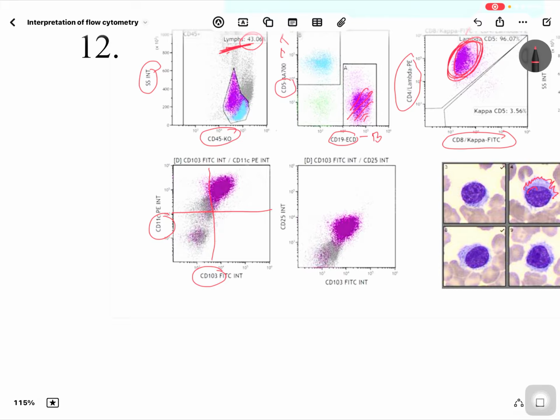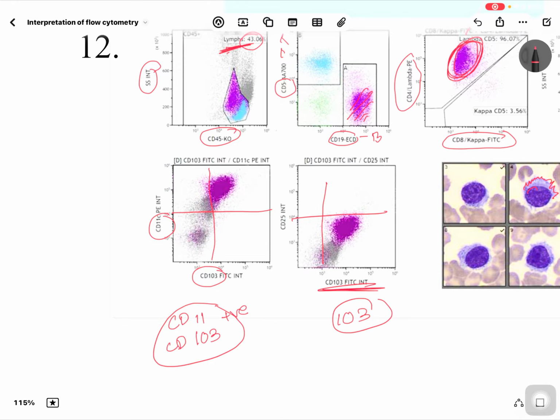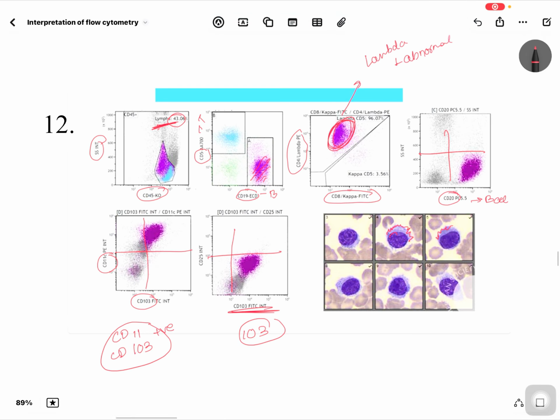Then again, if we divide it, CD11c and CD103: CD103 is positive, so only B cell. Are you finding blasts? Is there any marker for blasts here? No. But which lineage am I finding? It is somewhere in B cell. The most important markers they have given are CD11c and CD103.